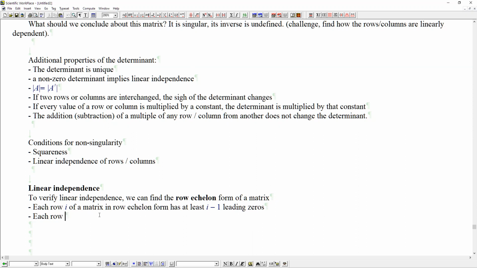Each row must have at least one more leading zero than the previous one. Lastly, the first non-zero element of each row is called a pivot.